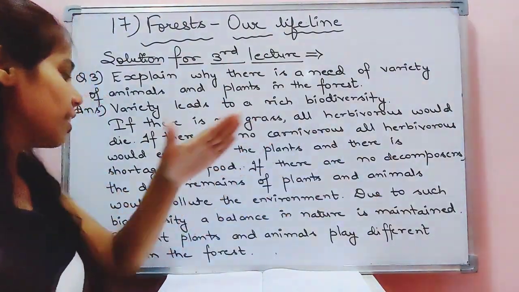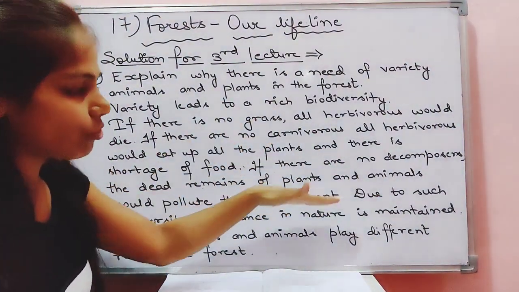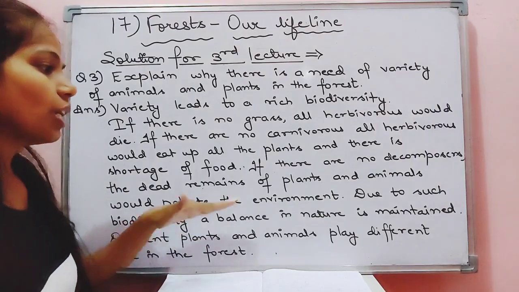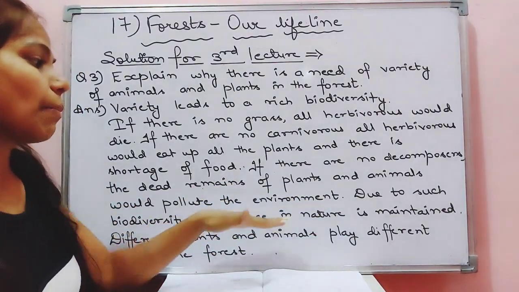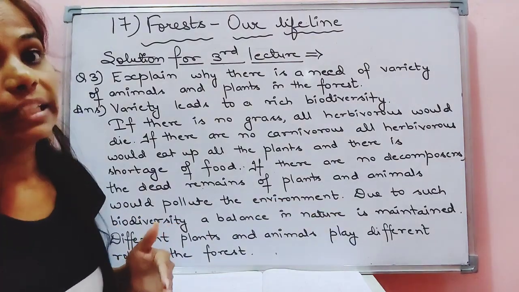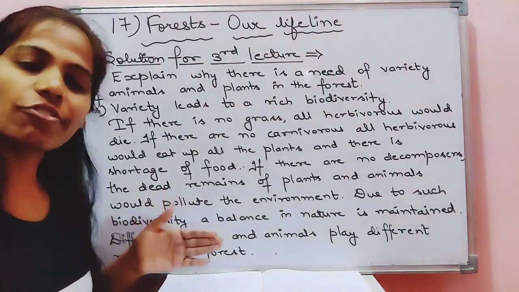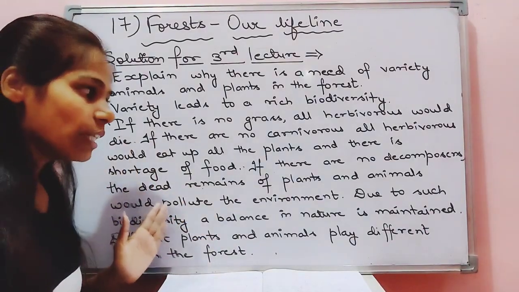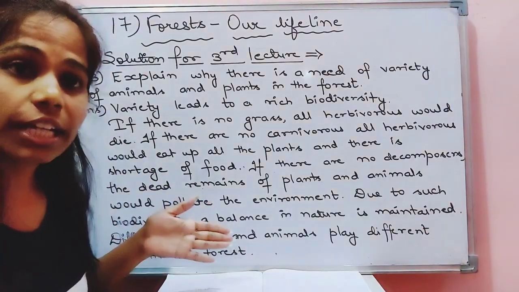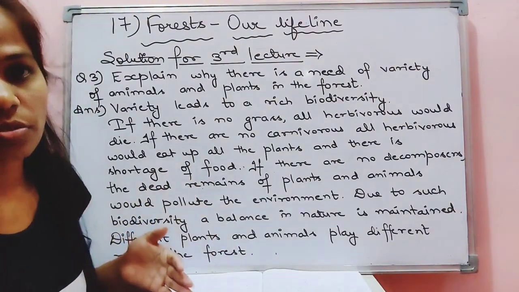If there are no decomposers, the dead remains of the plants and animals would pollute the environment. Due to such biodiversity, a balance in nature is maintained. That is why we need the variety of plants and animals. If there will be no dead plant or dead animal, how will the decomposers survive?